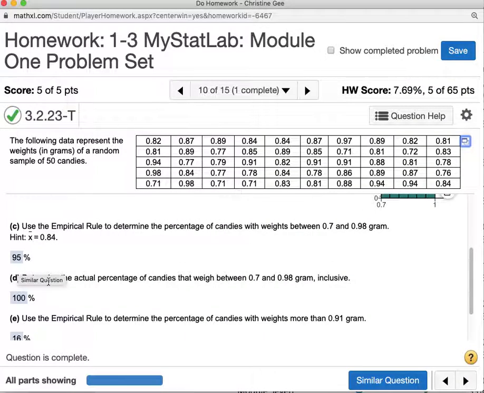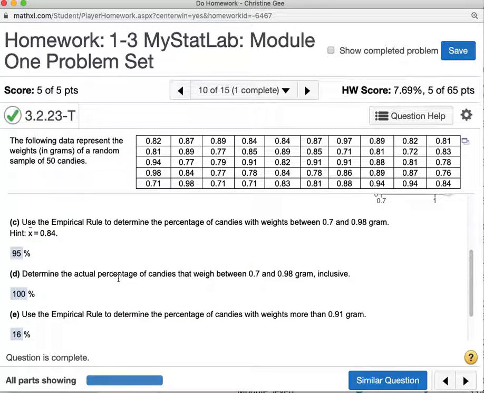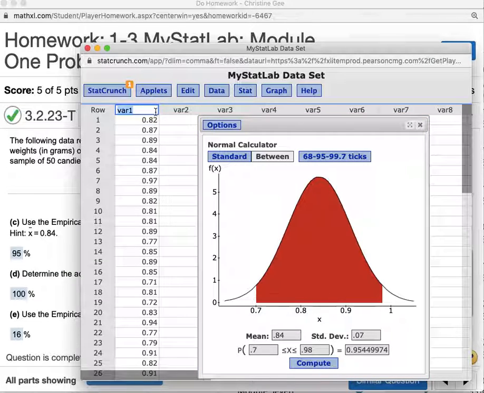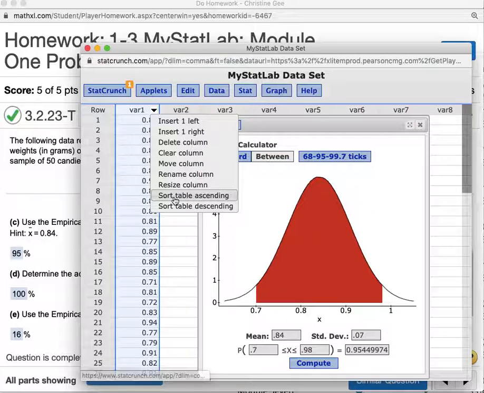So we put 95%, and then determine the actual percentage of candies between 0.7 and 0.98 grams inclusive. So let's take a look. It's just asking us to determine the percentage, so let me sort this.